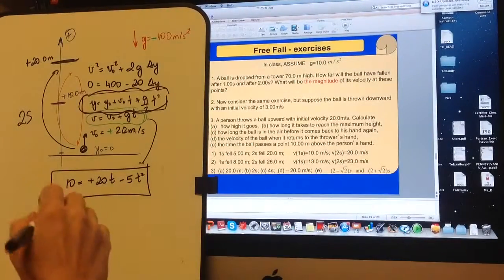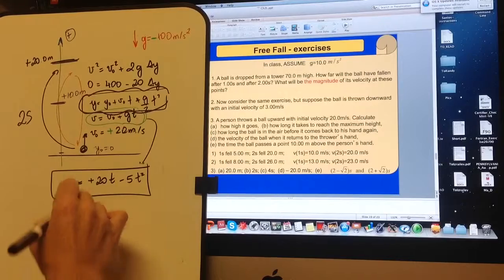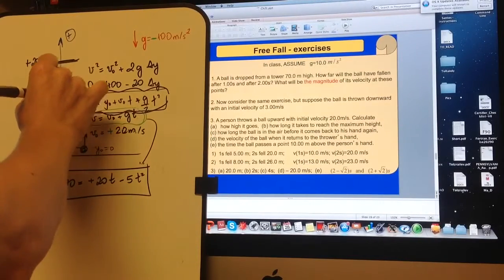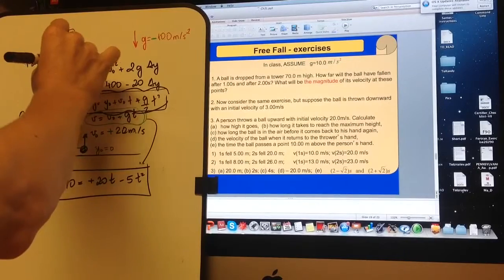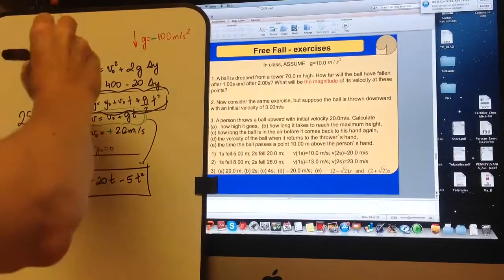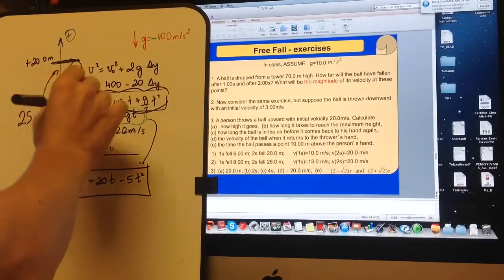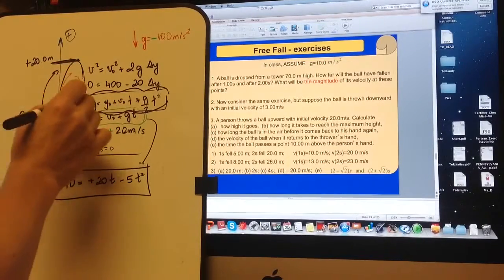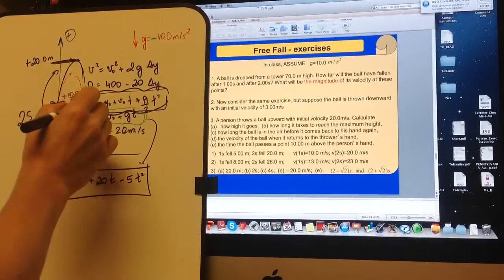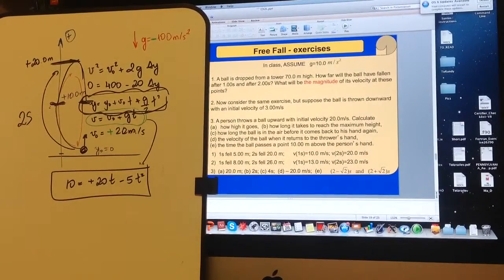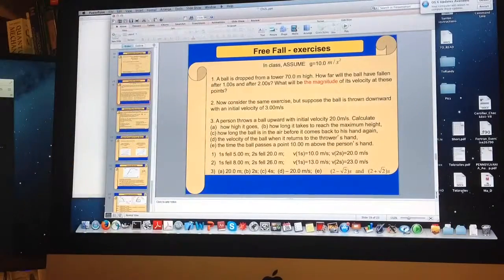We have 2 times because the ball goes up and reaches this point at 10 meters, keeps going up, reaches its highest position, then comes down, and when it comes down, it again passes through the same position. So there are 2 instances where it passes through that 10 meters. So we have 2 valid answers.